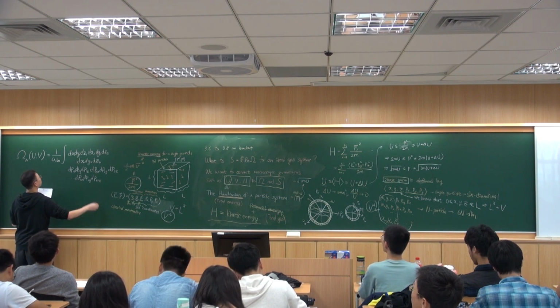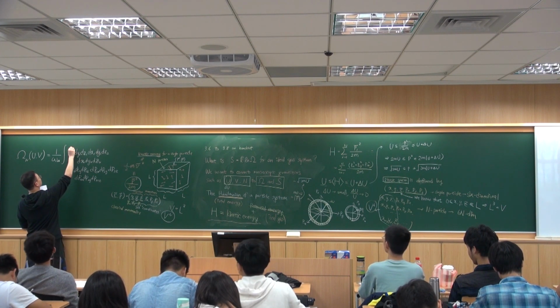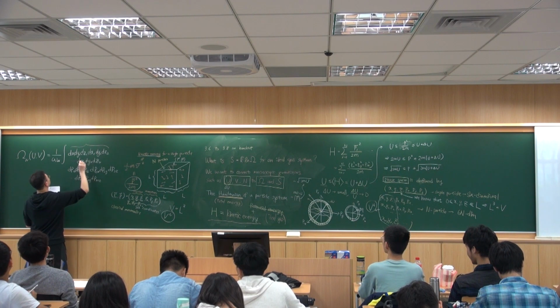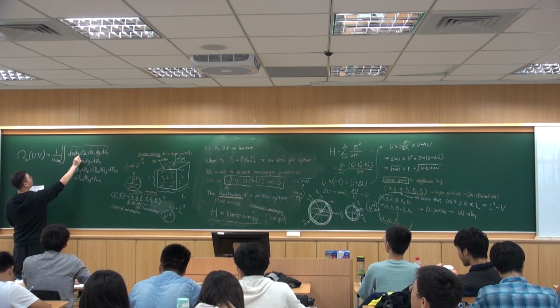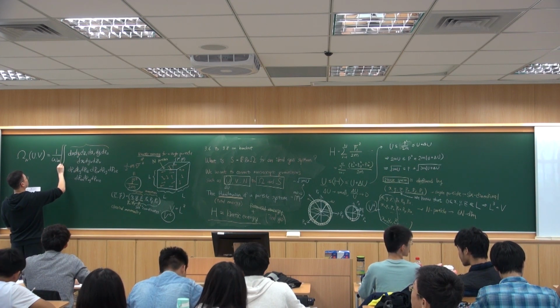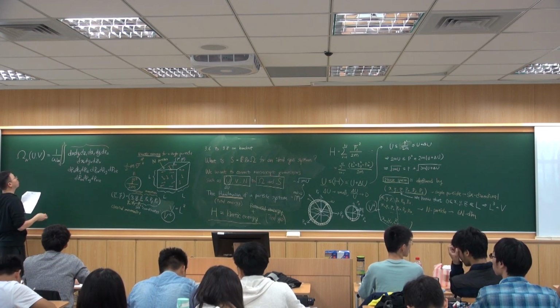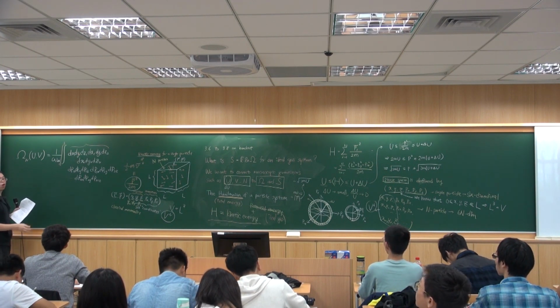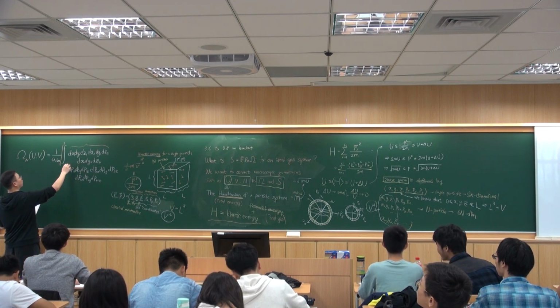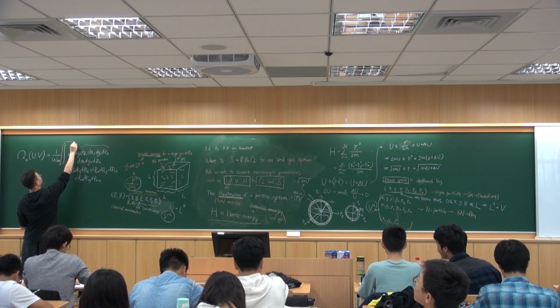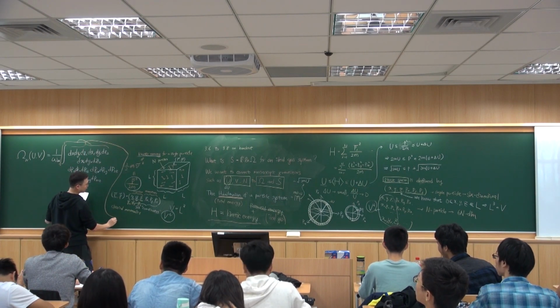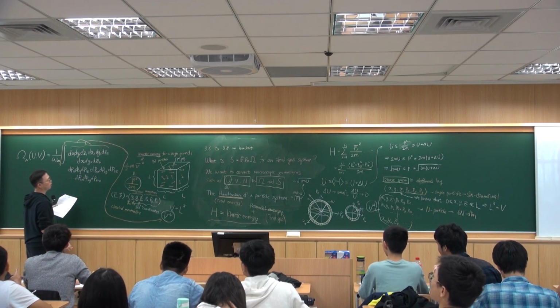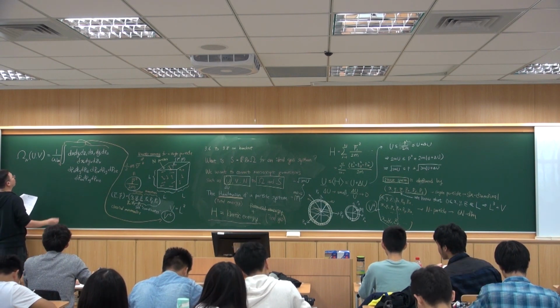We already know that the integration over these has limits: x1, y1, and z1 are all from 0 to L. These are all from 0 to L. So it turns out that these will just be this V to the n.